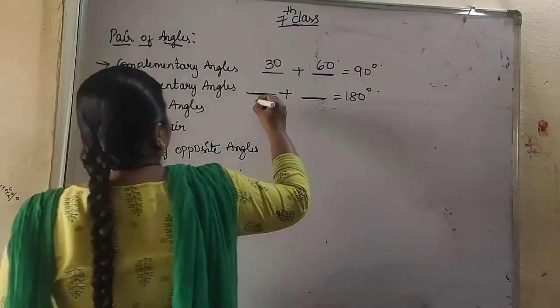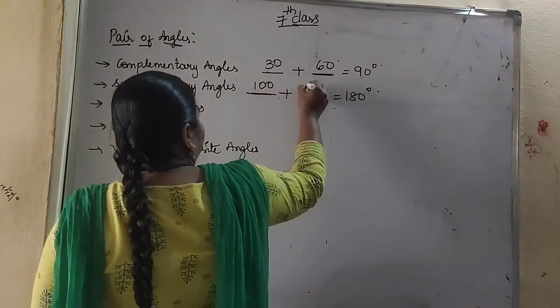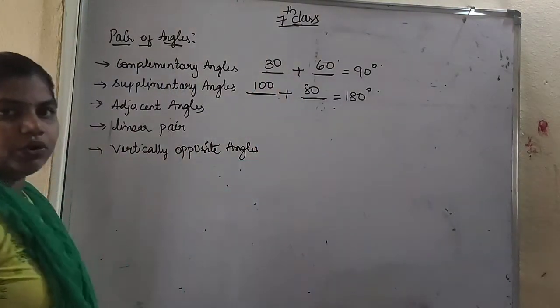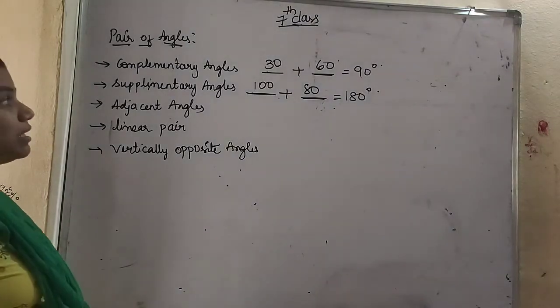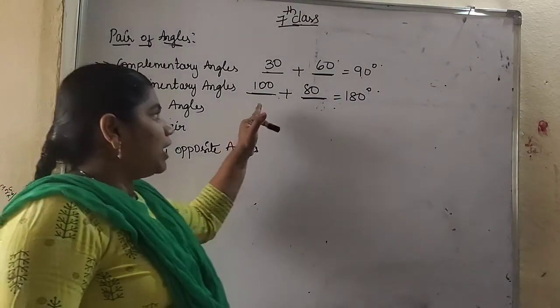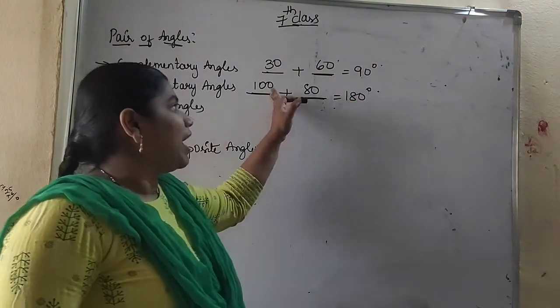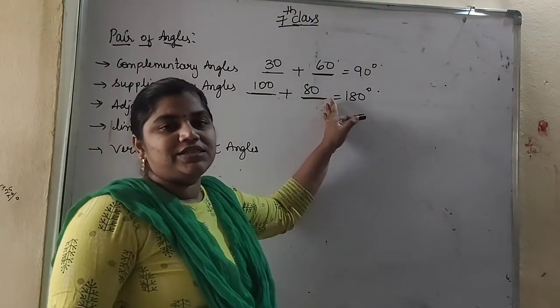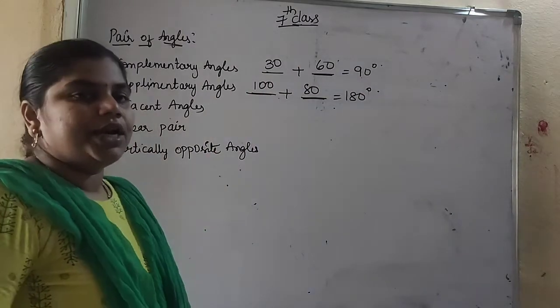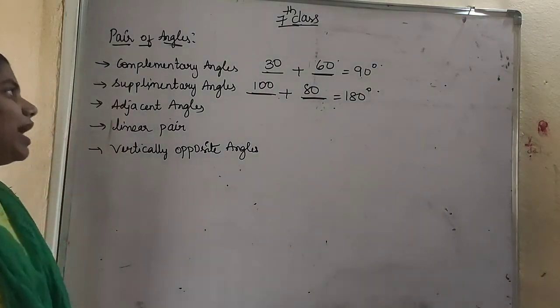So you can take here 180. 100 plus 80 is how much? 180. That means 100 is a supplementary angle to 80 and 80 is a supplementary angle to 100. So these are called supplementary angles.